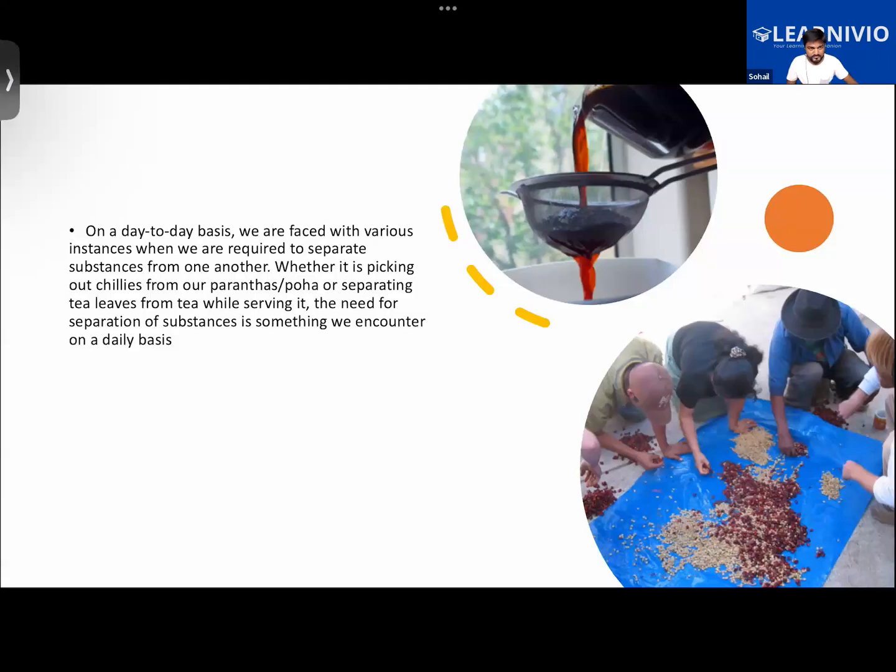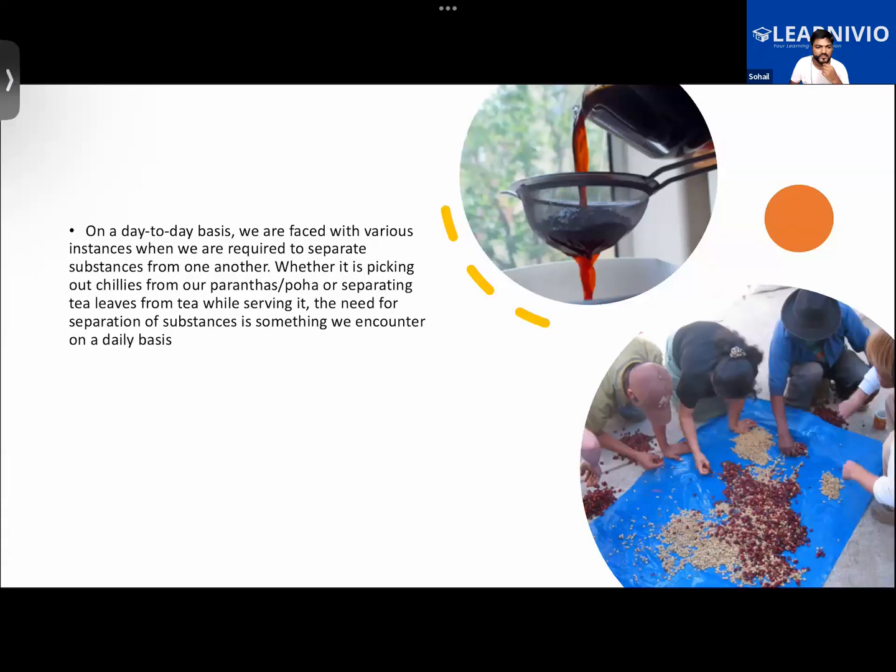Further, you tell me what kind of materials you would be able to separate via the first simple method, that is handpicking. What is the principle for this method of separation?